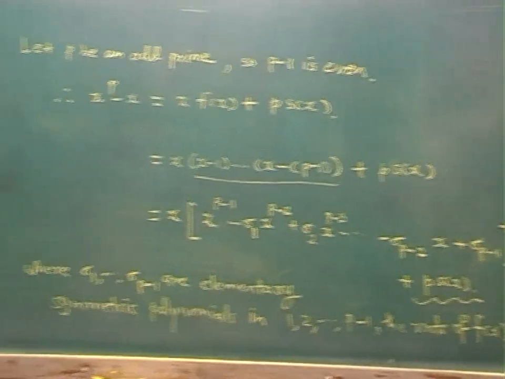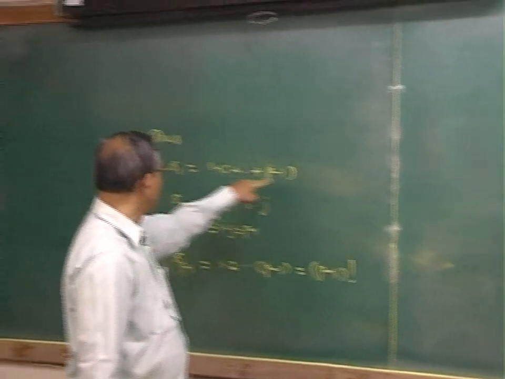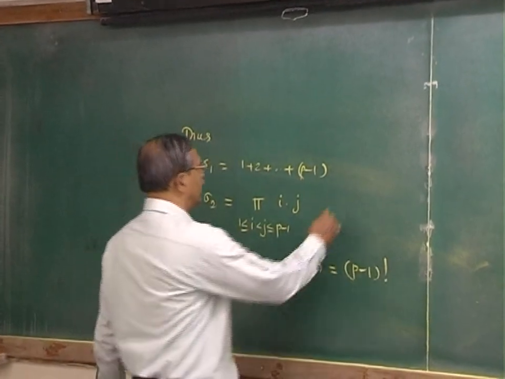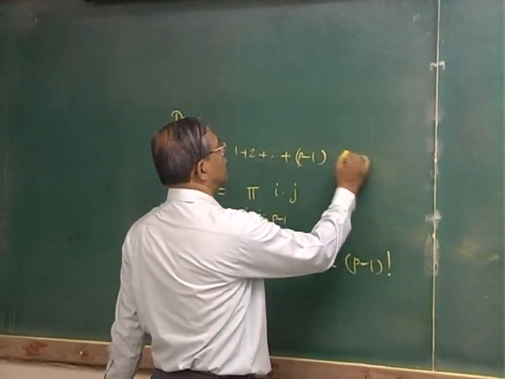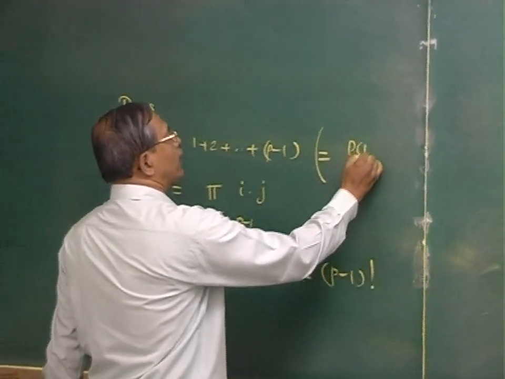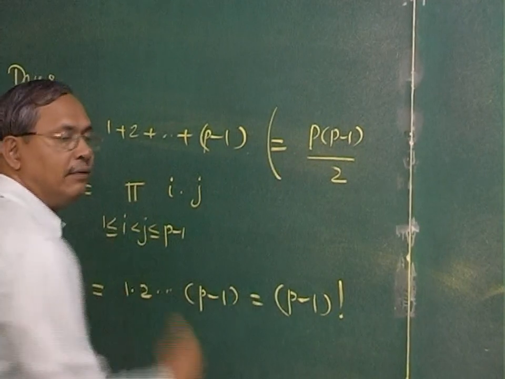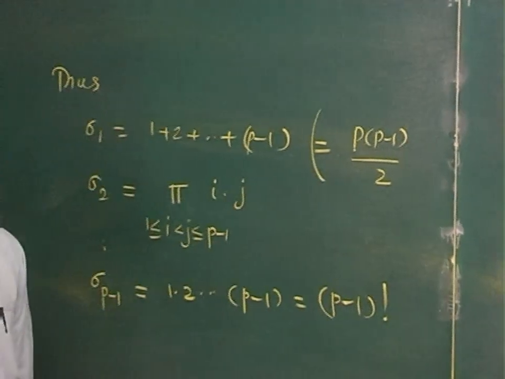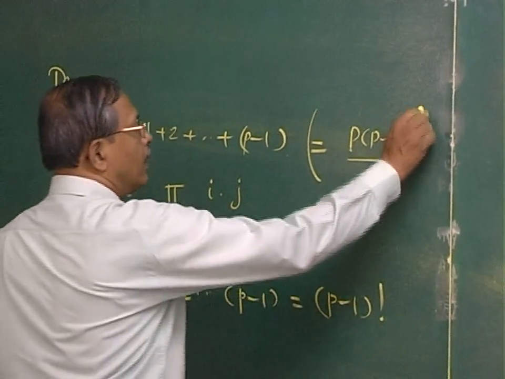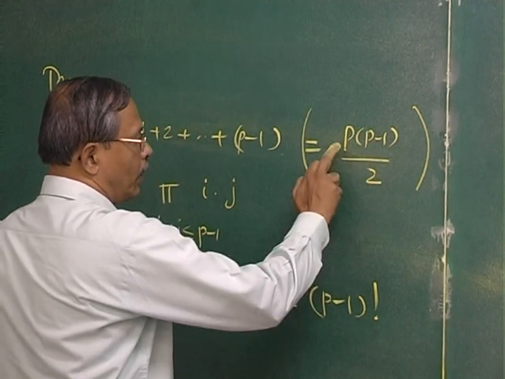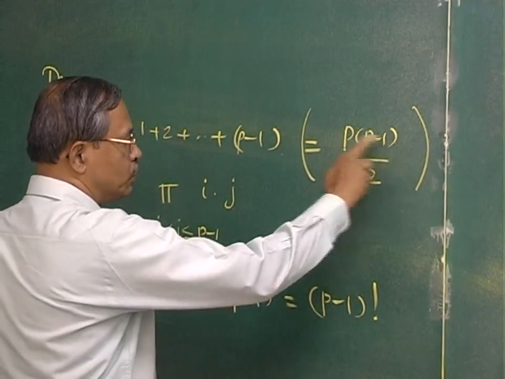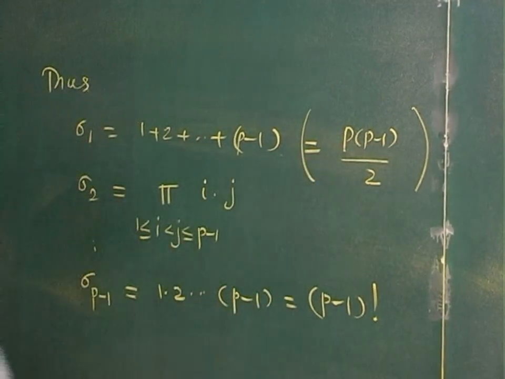And that's what you will see here: 1 plus 2 plus etc. up to p minus 1, what is that? This is actually equal to p into (p minus 1) by 2. And this is something which is divisible by p, because p is an odd prime and 2 doesn't divide p; 2 divides p minus 1. So it is something into p.